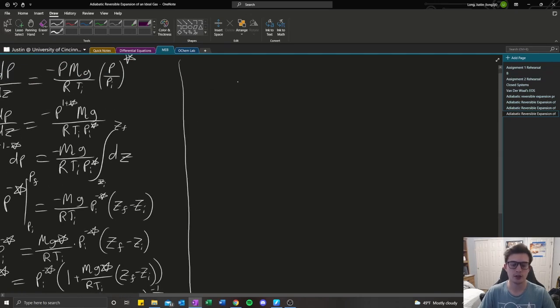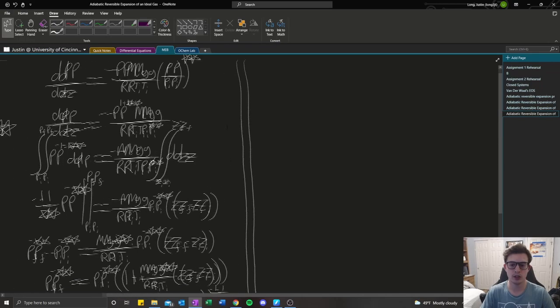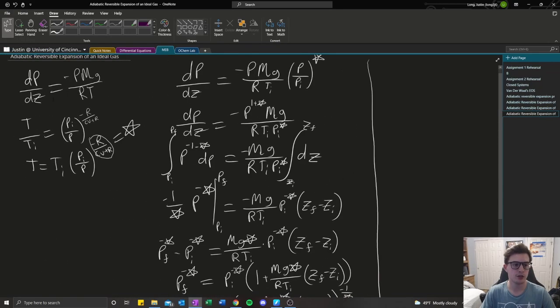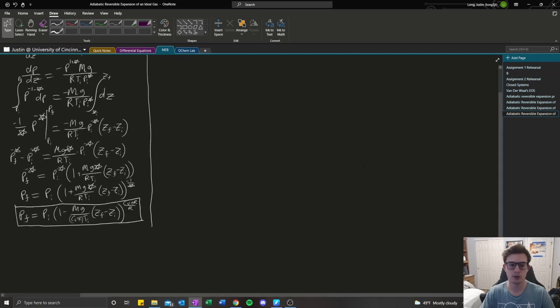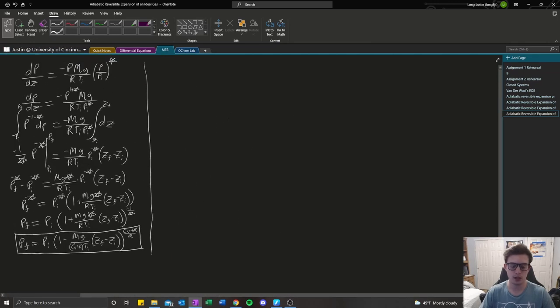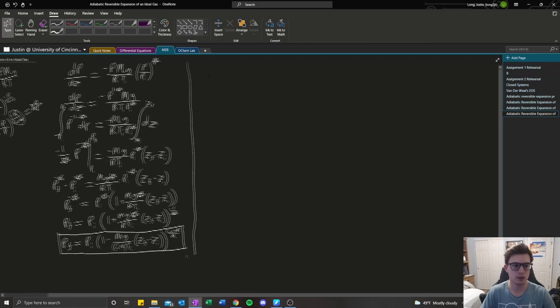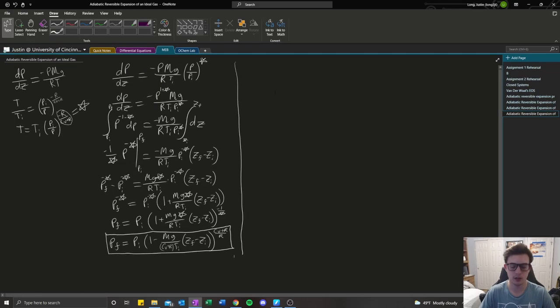And so what we're going to want to do is plug back into this equation over here. Instead of plugging in the temperature into here, we're going to want to plug the pressure into here. So what this will let us do is, just need a little bit more space. Let me see what I'm writing here.